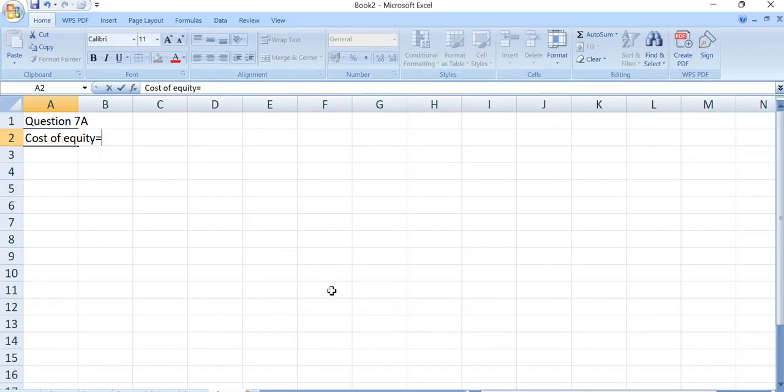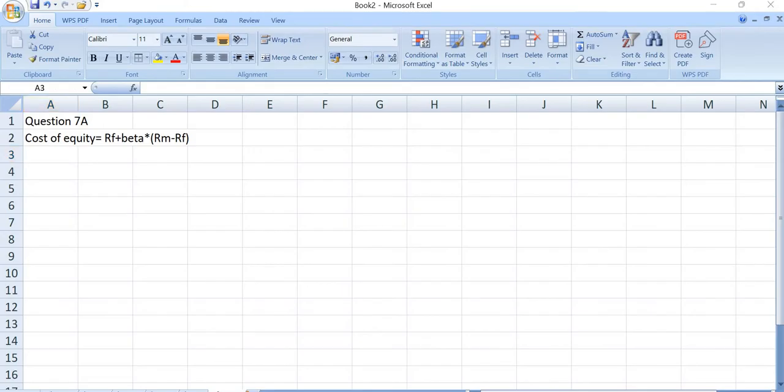So we need to calculate based on the formula RF plus beta into RM minus RF. This is the formula I am going to use.